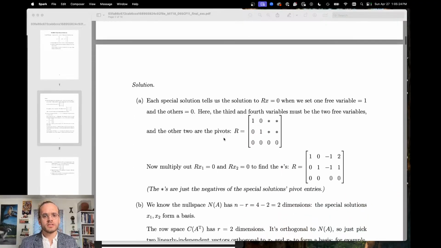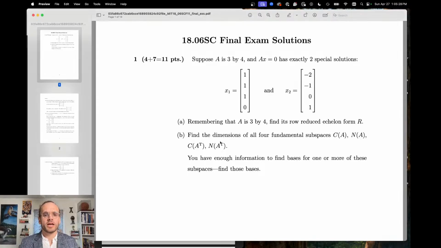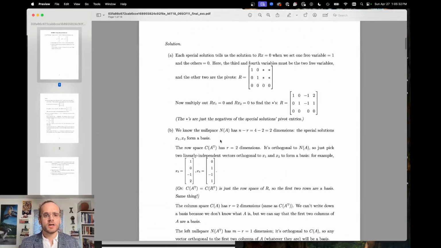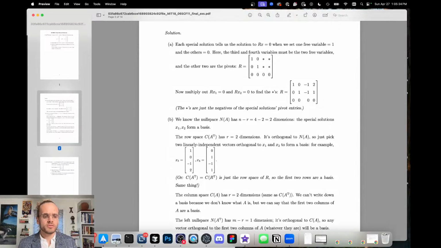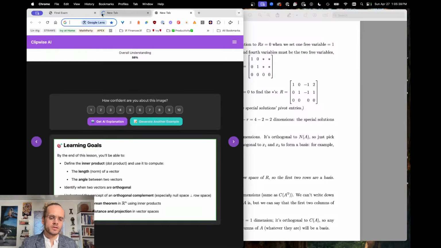So, each special solution: suppose A is 3 by 4 and Ax equals 0 has exactly 2 special solutions. Each special solution tells us... let's review what I got on this.